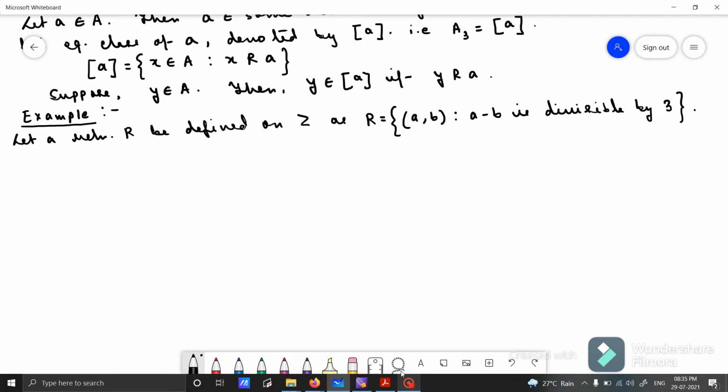So then we know that R is an equivalence relation. We just want to see what is the type of partitioning that will happen to the given set of integers Z on which this particular relation is defined.